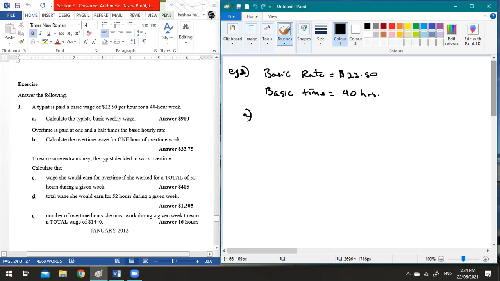So for part A, where they want us to calculate the basic wage, it's the basic rate by the basic time: 22.50 by 40.